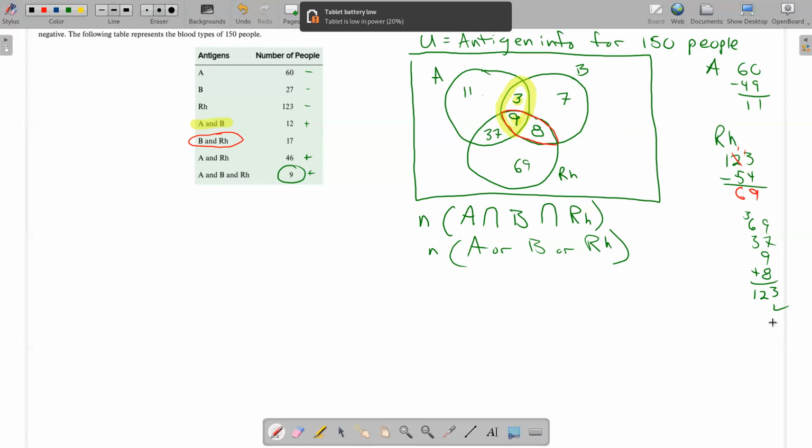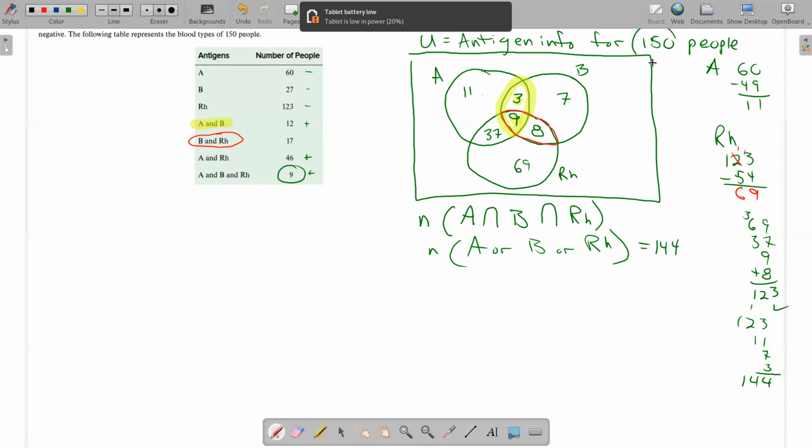Did I get that right? 123 plus 11 plus 7 plus 3 gives me 10, 11, 12, 13, 14, carry the 1. Yep, 144. So I just counted up here, again, assuming I had 123 in this RH circle, adding those other numbers, the union of those was 144.